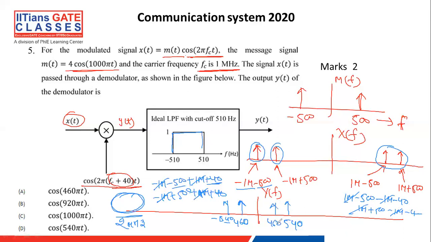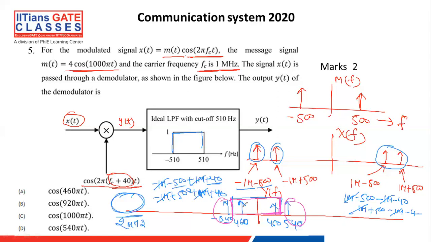Okay, so this is the thing. Now we are passing it through a low pass filter, which has a cutoff frequency at 510. So it is somewhere around here. That filter is going to reject this 540 and minus 540. It is just going to accept this 460 and minus 460.